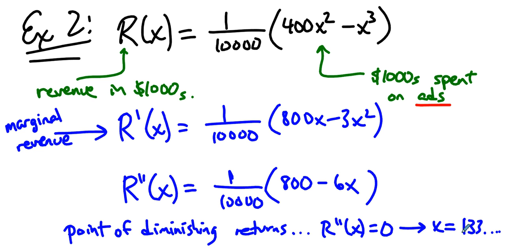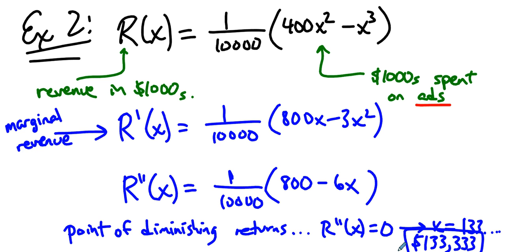Yeah. So what does that mean? Well, that means when we spend about $133,333 in ads, after that point, the money we spend isn't bringing in more revenue. It becomes senseless to spend more than that on advertising.